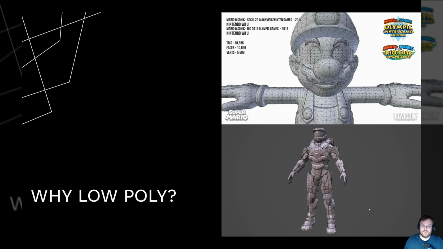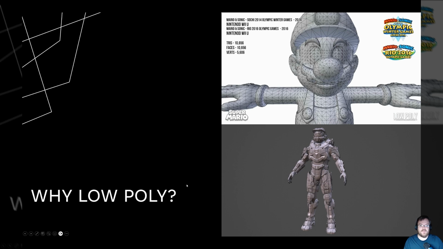Your characters, your guns in a first-person shooter, cars in a racing game, things like that. And it's important to budget an amount of processing power for those so that they always look the way that you want them to on screen, no matter how powerful the system is that's running the game.